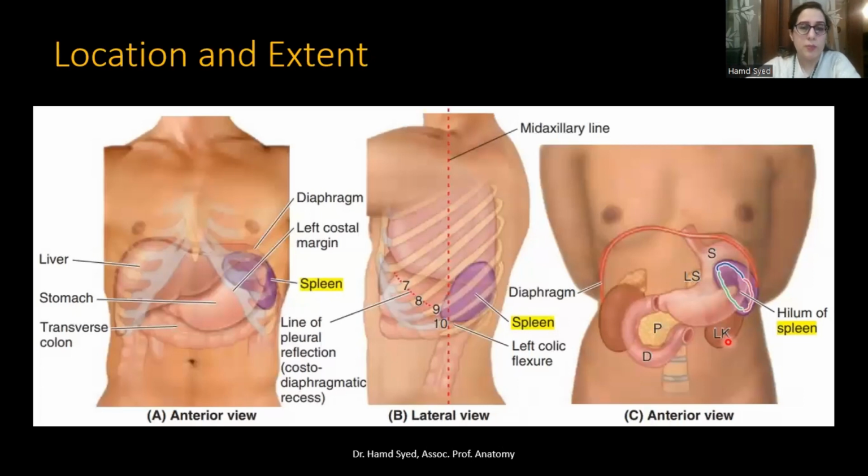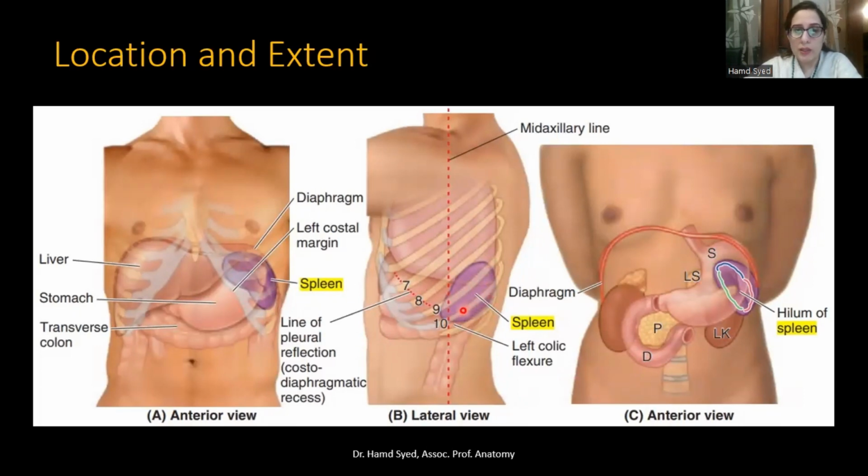So let's look at these points which I just discussed. You can see over here, this is the spleen, and it is located beneath the left half of the thoracic rib cage. Let's look at its posterior relations. The ribs numbered 9, 10, and 11 are lying just posterior to the spleen.